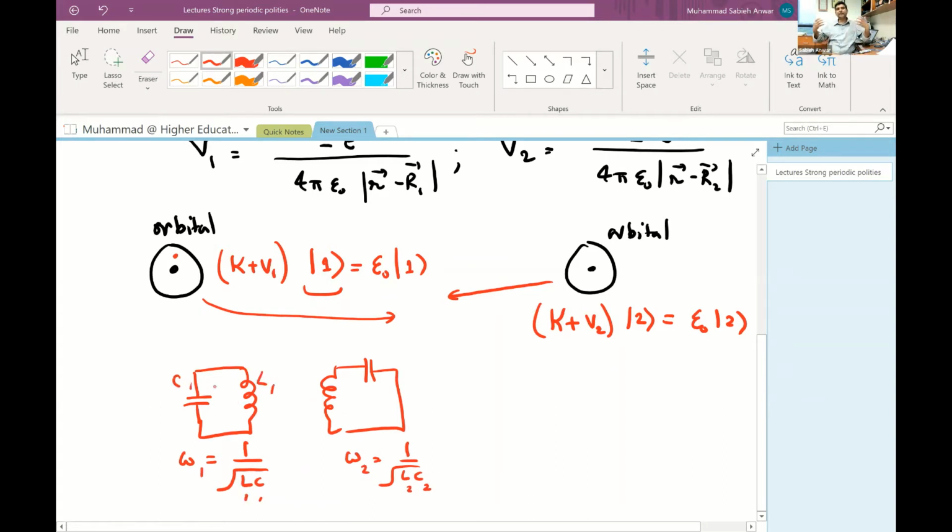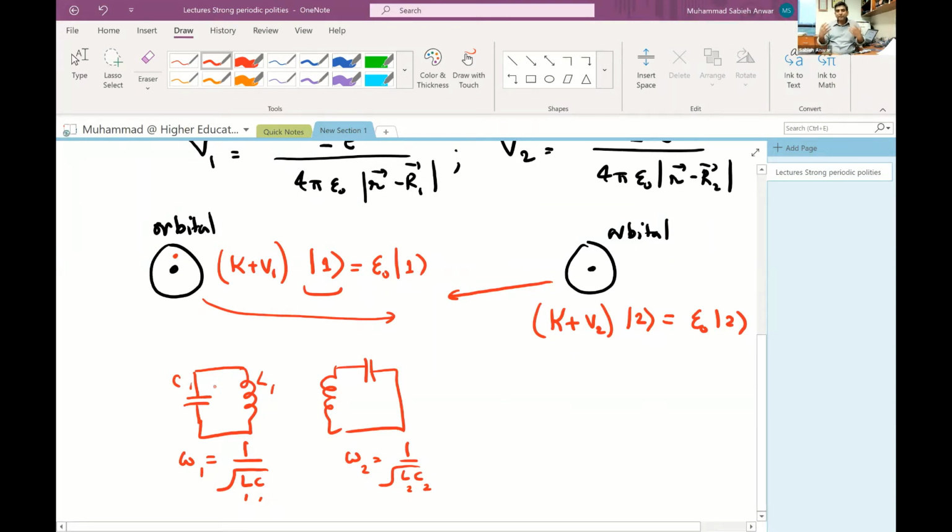Now, when these oscillating circuits, these tank circuits, are brought close to one another, new energies appear. One is omega 1 plus omega 2, and the other is omega 1 minus omega 2. So now we are bringing atoms closer together. So the eigen energies are going to change, and so will the eigenstates.